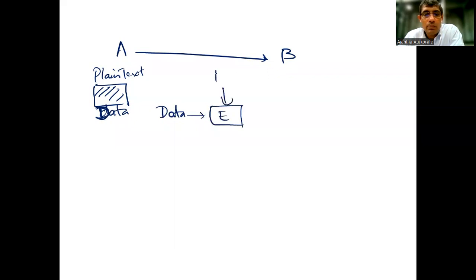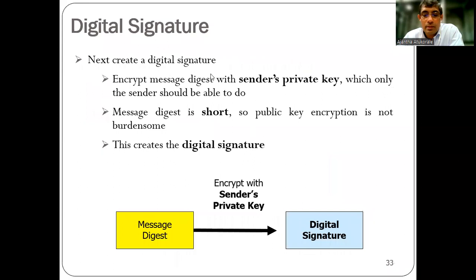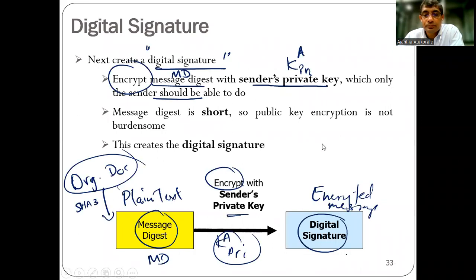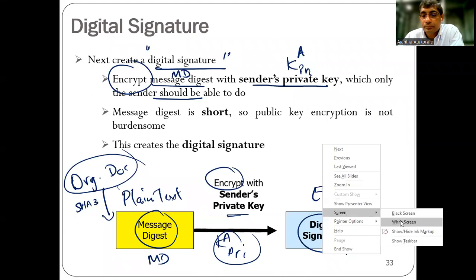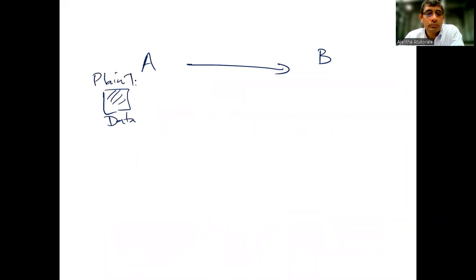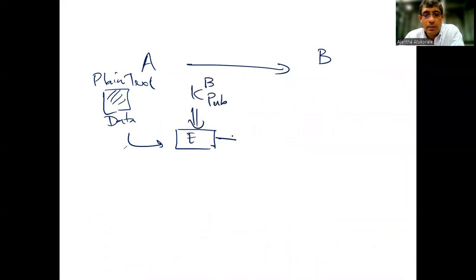The receiver is B, so you encrypt with B's public key and you get the ciphertext.